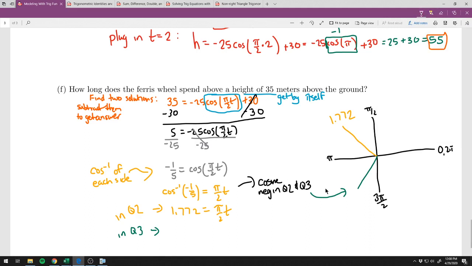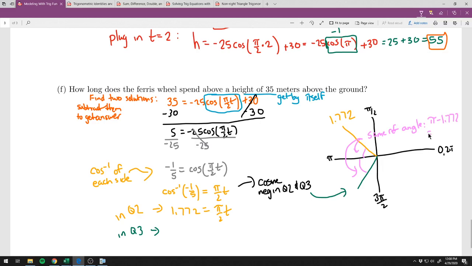And the way we figure out that angle is using reference angles, because they have the same one. Right, so the same reference angle here. The reference angle we can figure out from the quadrant 2 angle, because it would be pi minus the quadrant 2 angle, 1.772.